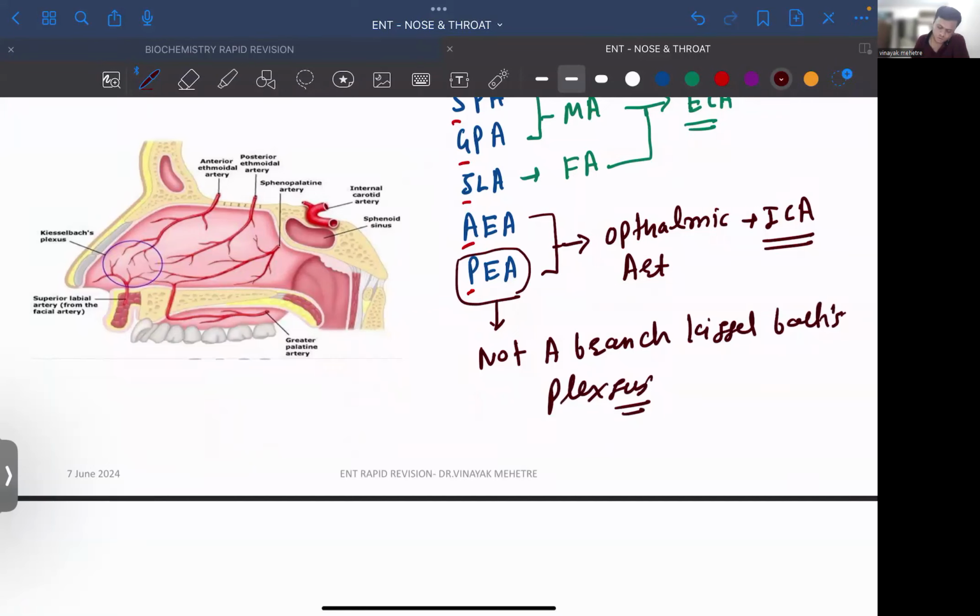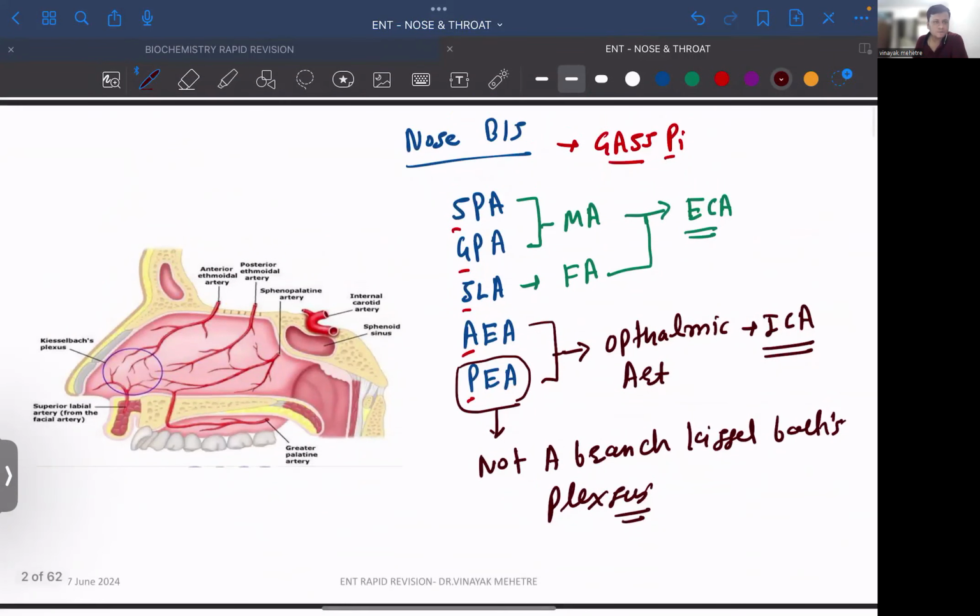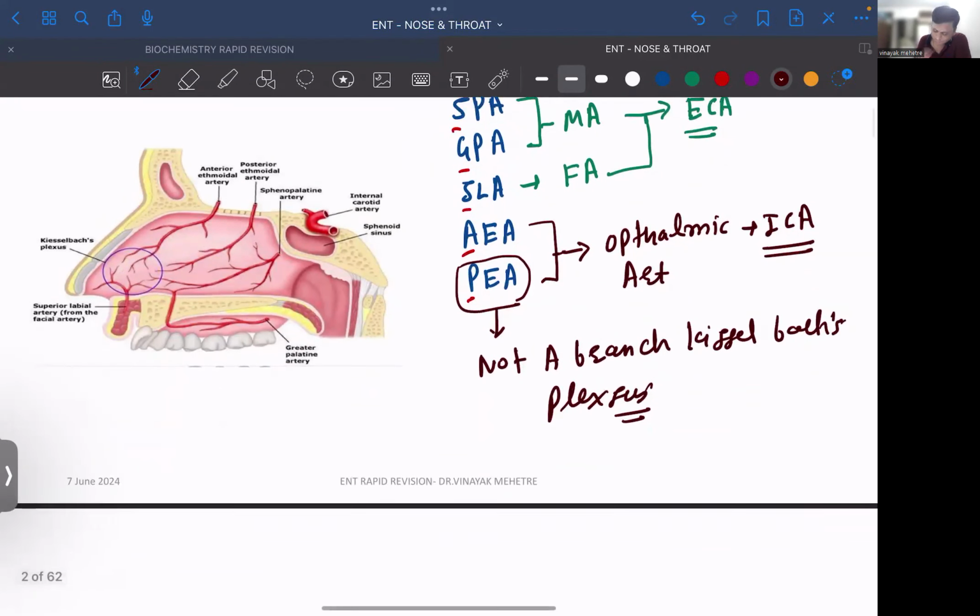Okay, so which arteries are the part of Kisselbach's plexus? That is GASP. I will write down over here so you can remember. GASP. Okay, greater palatine, anterior ethmoidal, superior labial, and which is the remaining one? Sphenopalatine artery are the branches of Kisselbach's plexus. You can remember by the mnemonic GASP.